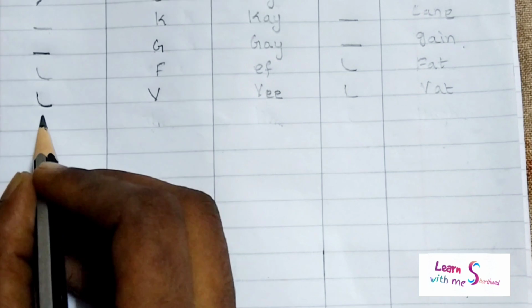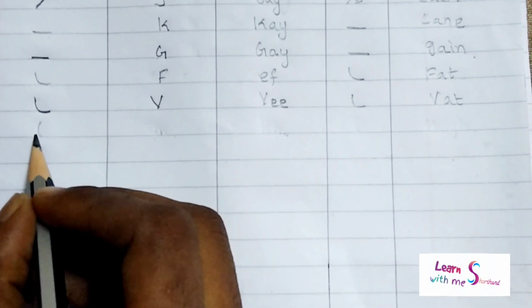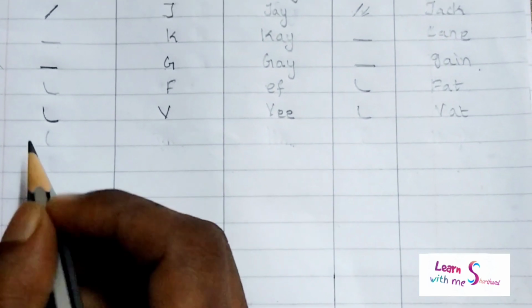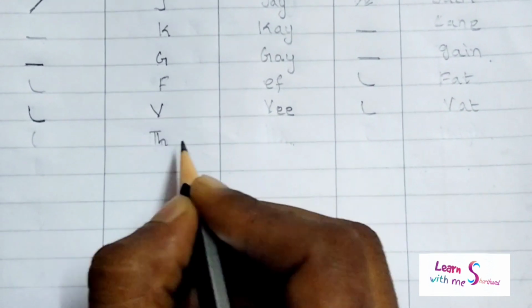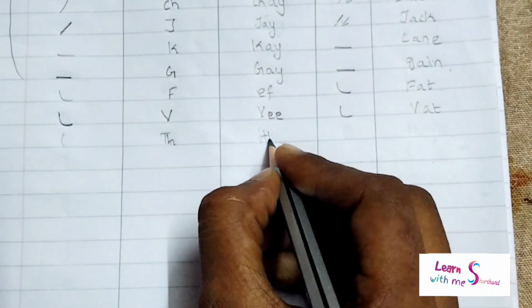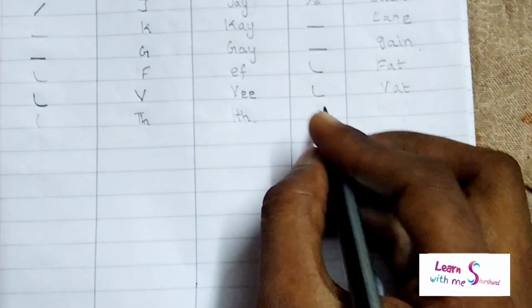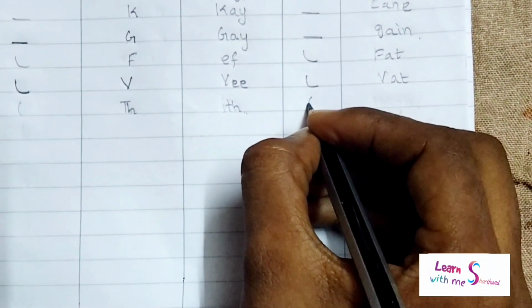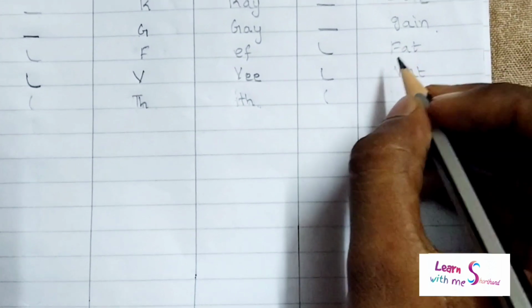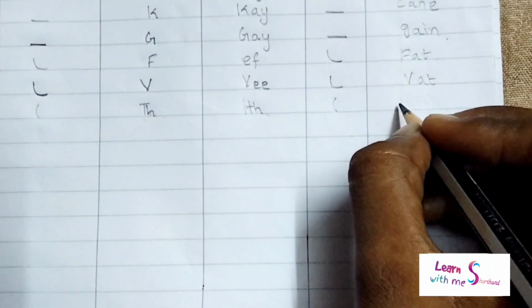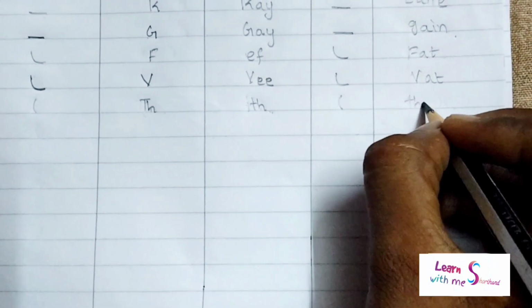The next stroke is ith. It is slightly curved. The letter is ith and the pronunciation is also ith. The direction is upward to downward. Example word for ith is thing.